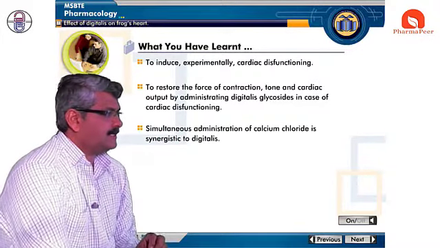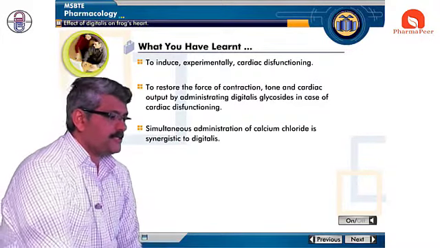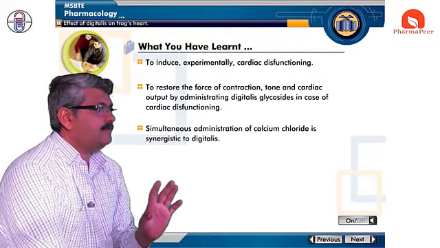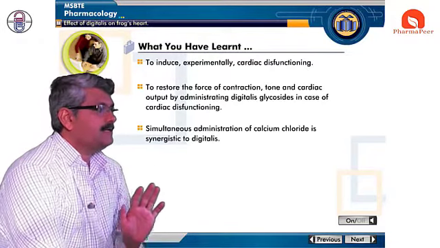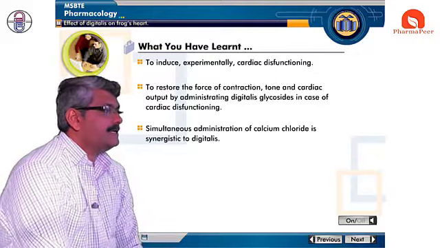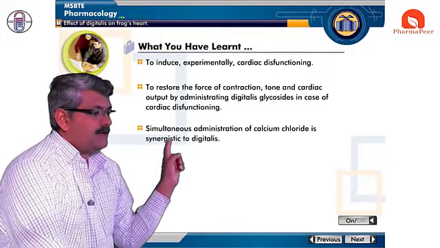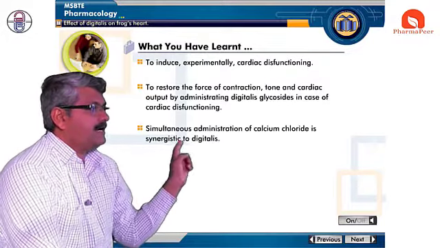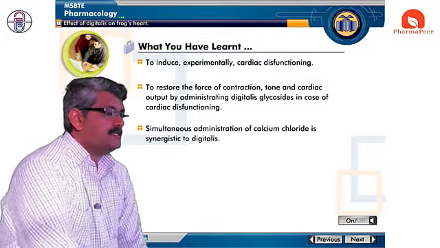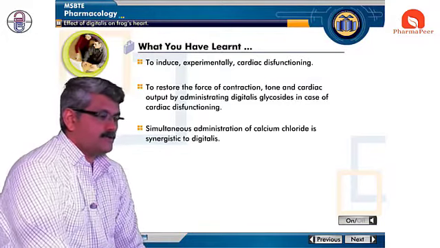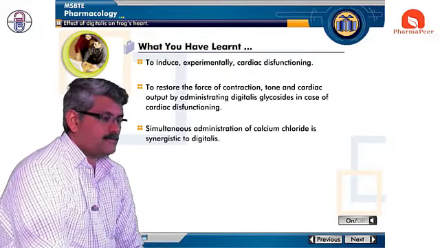That's why we can say that administration of digitalis glycoside is helpful for improving cardiac dysfunctioning. Last one is that the combination of calcium chloride and digitalis works as a synergistic effect. So this is what our today's experiment is about.